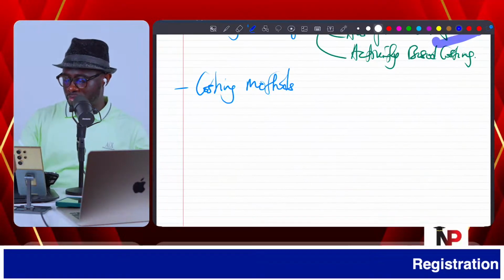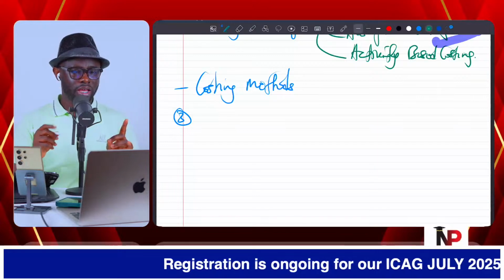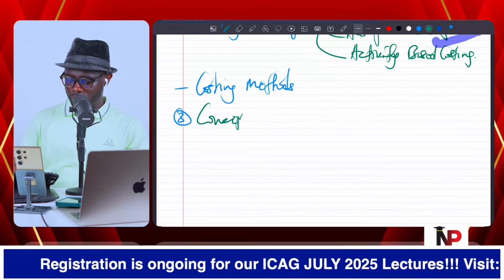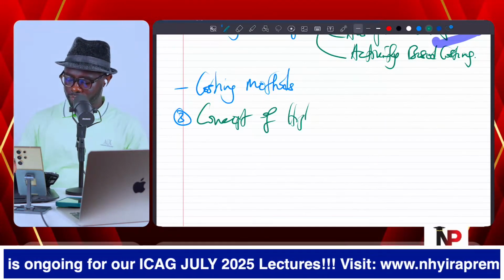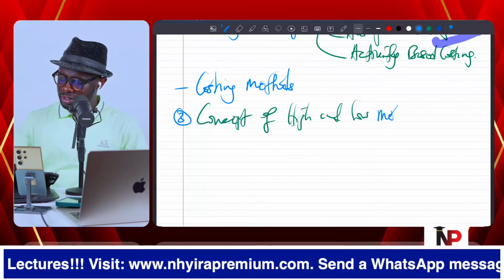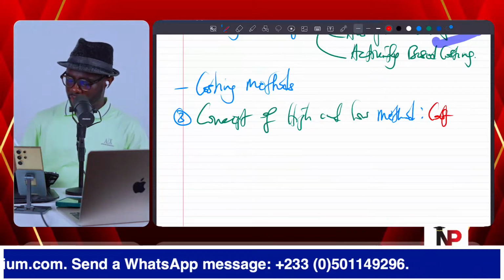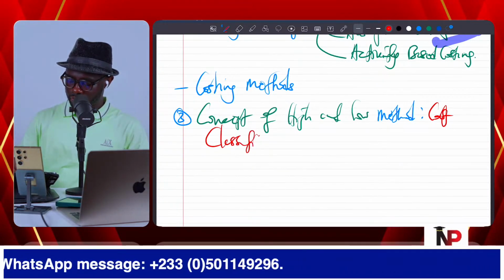Not only that, number 3, you thought I was done? Nope. Number 3 is the concept of the high and low method. The reason why this concept is important is because of this topic, cost classification.